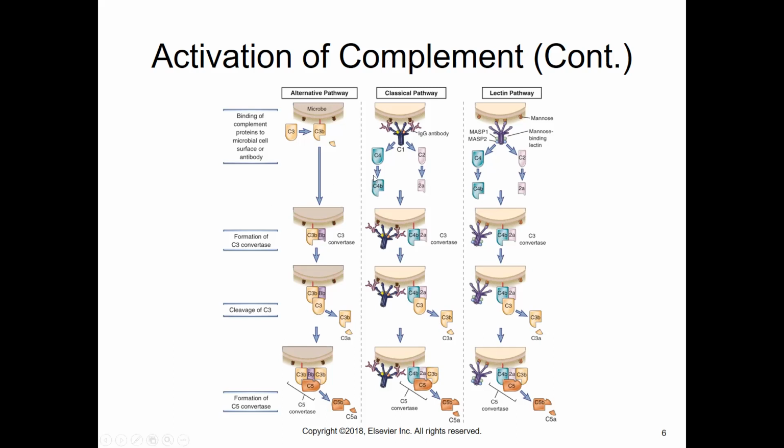And then these fragments right here, so now these are gone. Does that make sense? These are gone, and so now what you have is this fragment right here and this fragment right here left. So you have C4b and 2a. They combine together to make your C3 convertase. That makes sense? And you'll see it in the video kind of how it'll put it all together. So does that make sense?